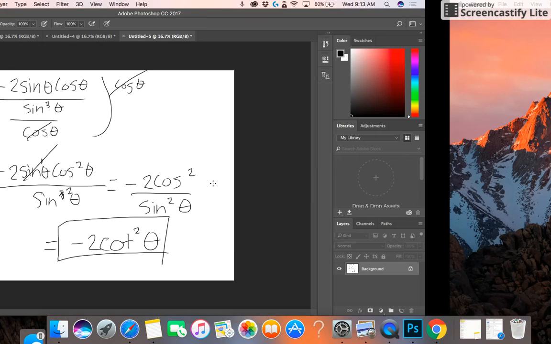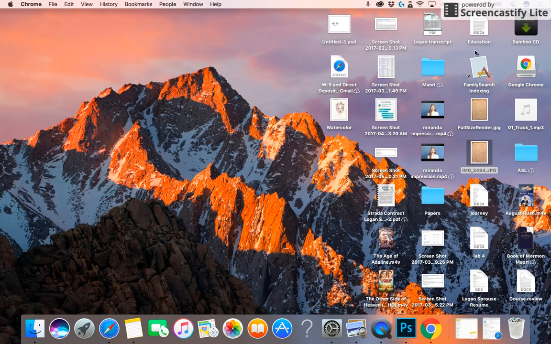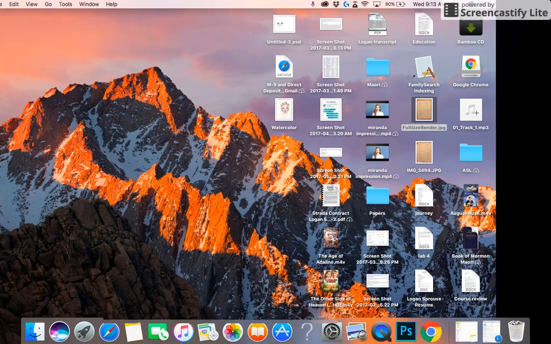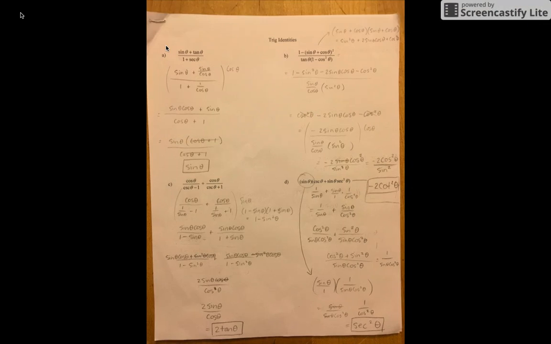Now I'll show you the answers to those other problems on the rest of the worksheet. So this is page 1. I'll leave it on there for a little bit. I'm going to make sure you guys can see this.